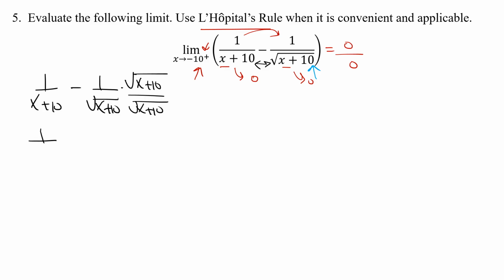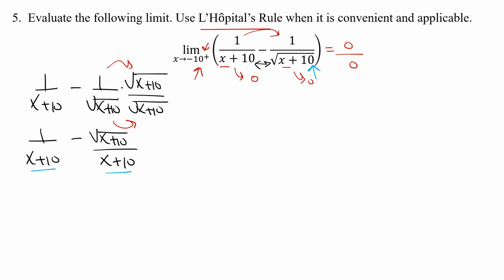So what do we get? 1 over x plus 10 minus, go ahead and multiply across, and what do we get? Square root of x plus 10. And then in the bottom, since both of them are the radical, that's just going to become x plus 10. What do you notice? We now have the same denominator.